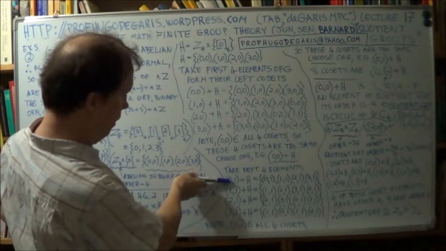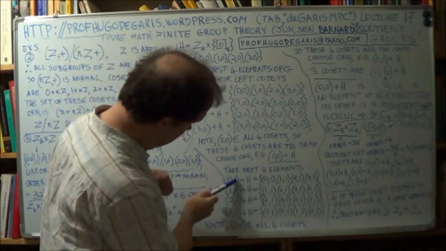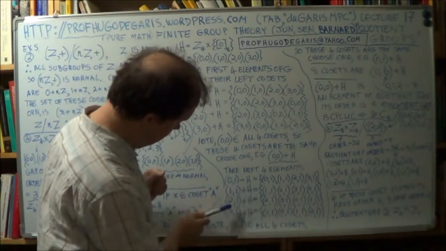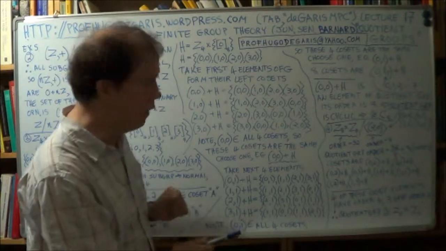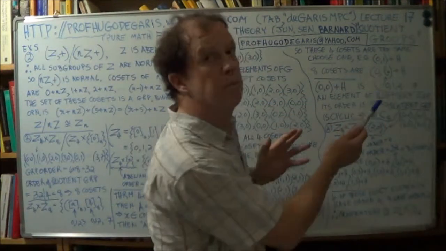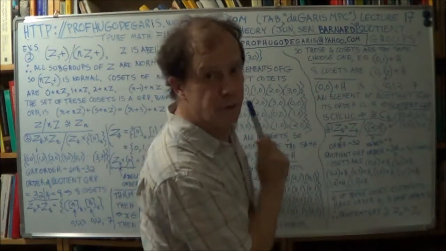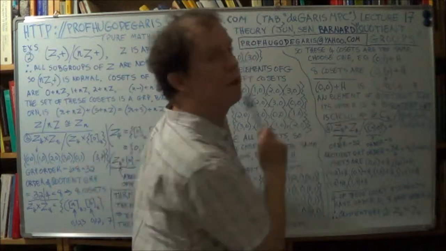We chose to take this one, and we'll have the same story when this is 2 here, right? 0,2; 1,2; 2,2; 3,2. So our third coset, we'd have a 2 here. Our fourth coset, we'd have a 3 here, and so on.